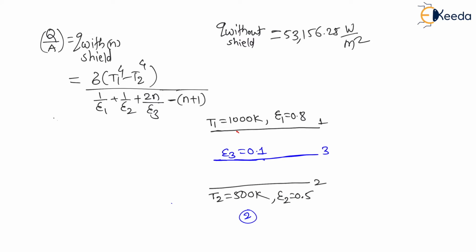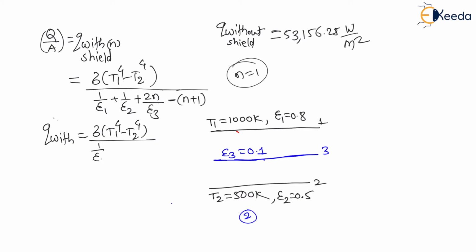Here we have used only one shield, that is n is equal to 1. Therefore for this case, Q with shield becomes sigma (T1 to the power 4 minus T2 to the power 4) divided by (1 upon emissivity 1 plus 1 upon emissivity 2 plus 2 divided by emissivity 3 minus 1).